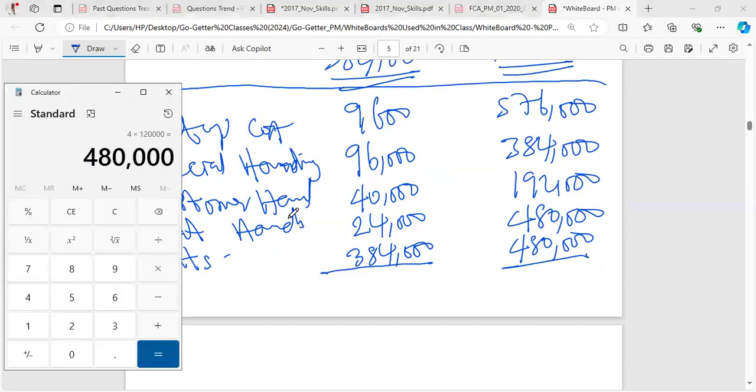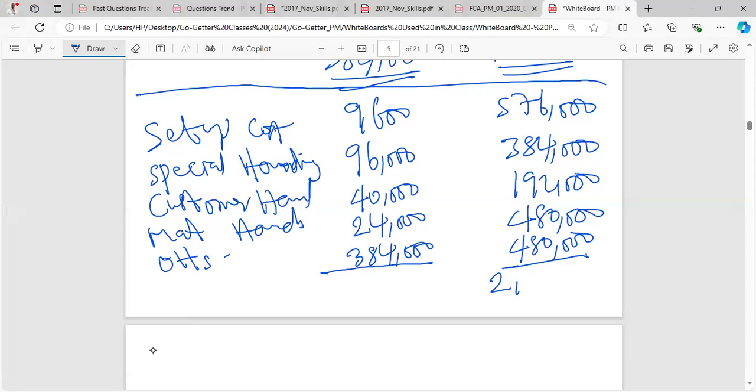I already have 480 on my calculator, so I'm going to start from under this deluxe. 480 plus 480 plus 192,000 plus 384,000 plus 576,000. Now that gives me 2,112,000.